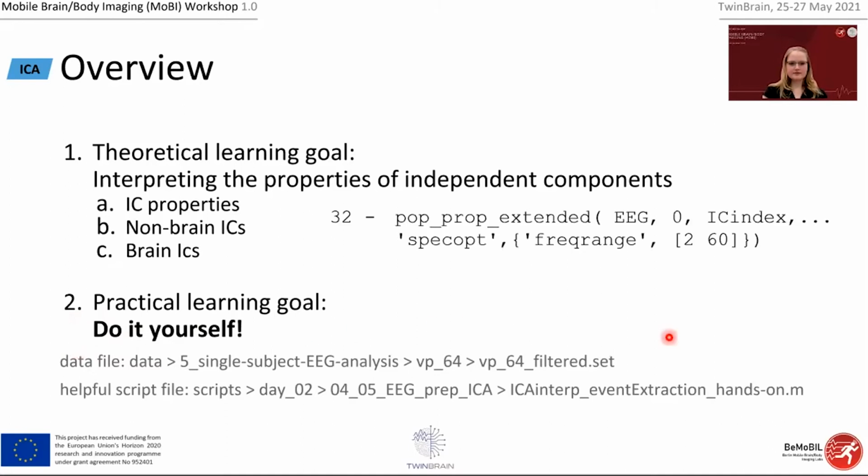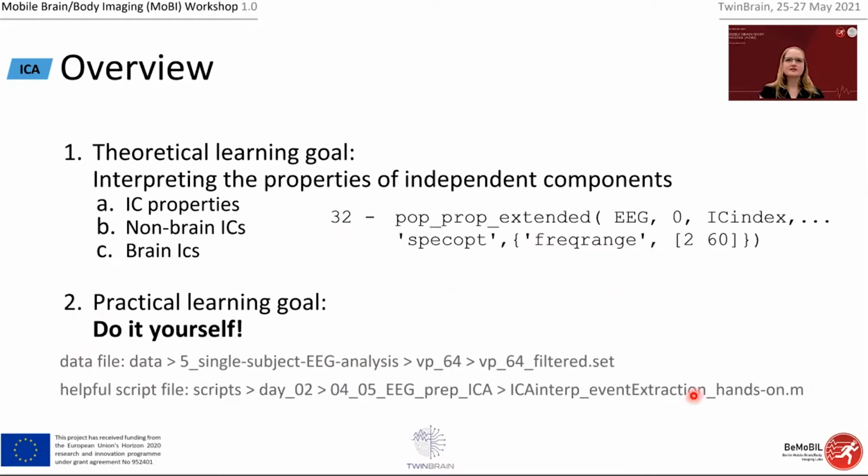Good. So we started with this code snippet, line 32, sorry. I just added this after the feedback this morning, so you can find this in this script file and here.